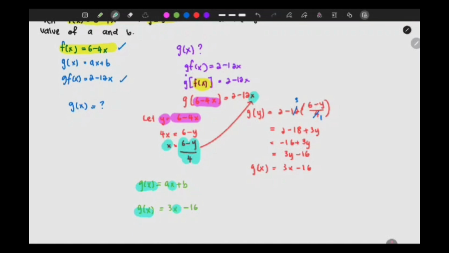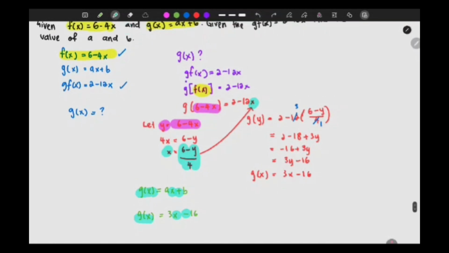But if I change the way of writing from this to this way, instead of writing like this, I write 3x plus negative 16, I'm sure you're able to see this.